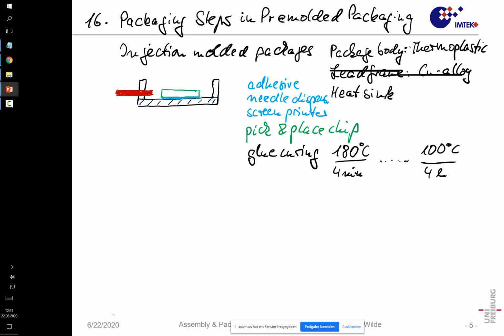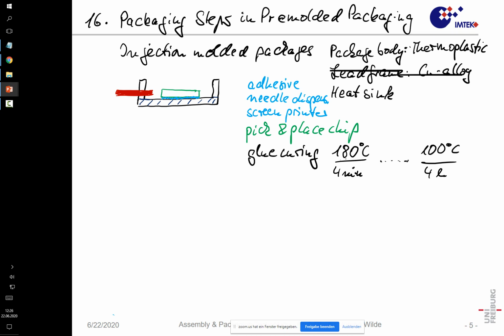So typically, if you have a chemical process with an activation energy of 1 electron volt, which is some kind of standard value, you could say the rate doubles every 10 degrees, or the time is divided by 2 with every 10 degrees.